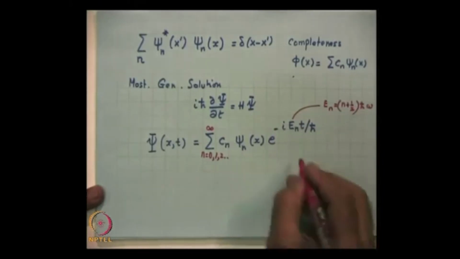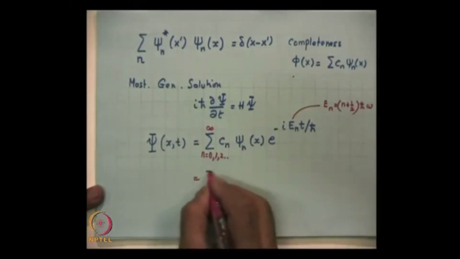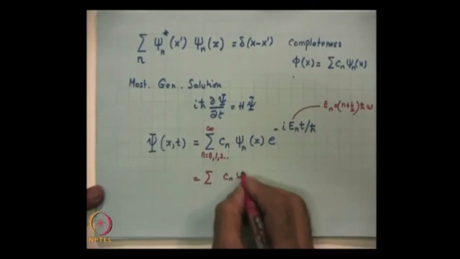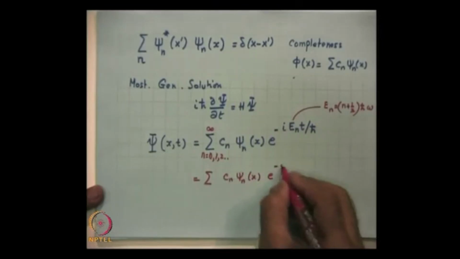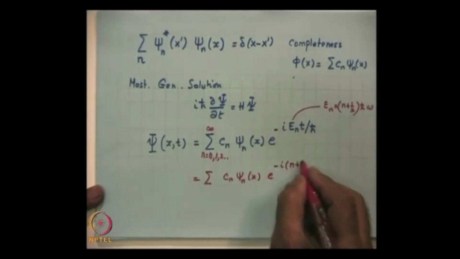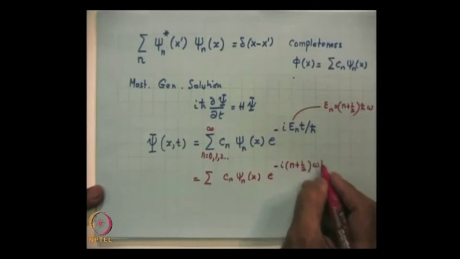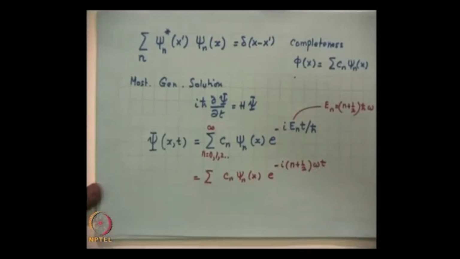So, this becomes equal to summation C n psi n of x e to the power of minus i n plus half omega t. This is the most general solution for the harmonic oscillator problem, that is, any state of the oscillator can be described by this sum, and this is how it will evolve with time.